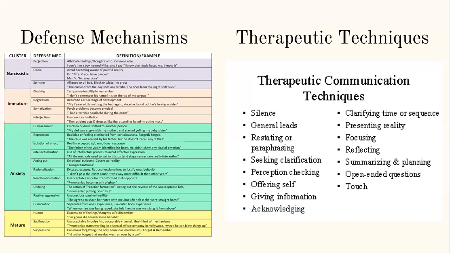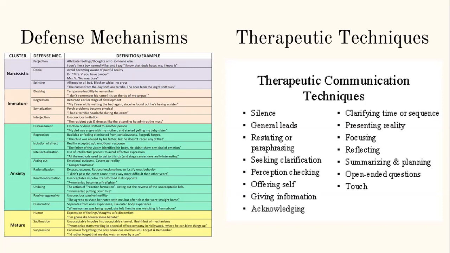So, different therapeutic communication techniques are things like silence, seeking clarification, perception checking, giving information, acknowledging, using open ended questions, summarizing, reflecting, clarifying, using therapeutic touch.